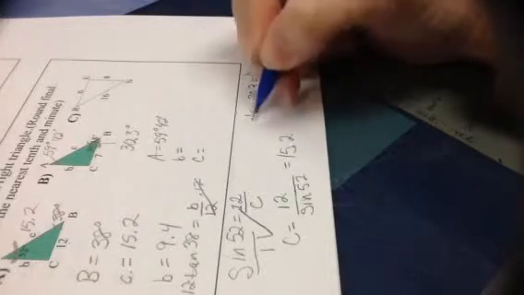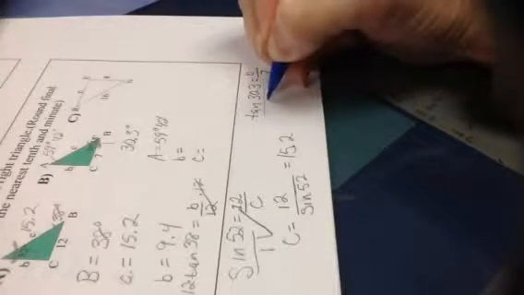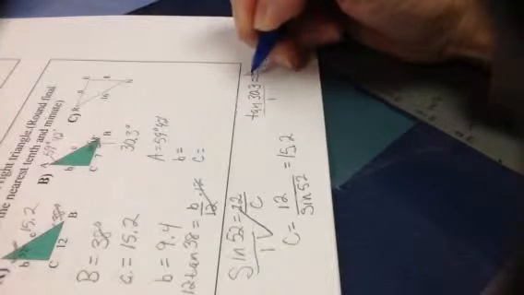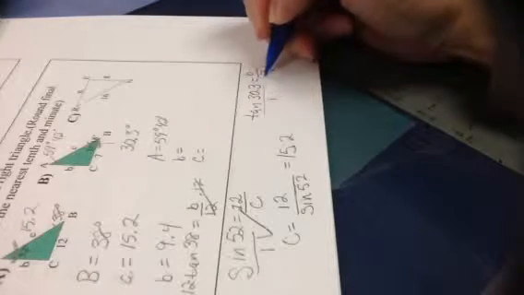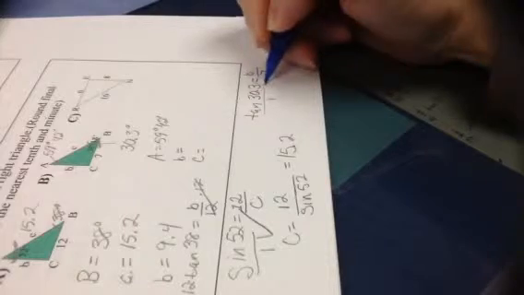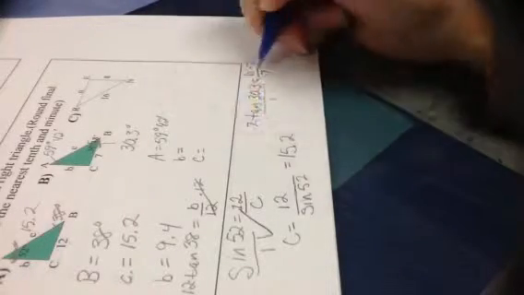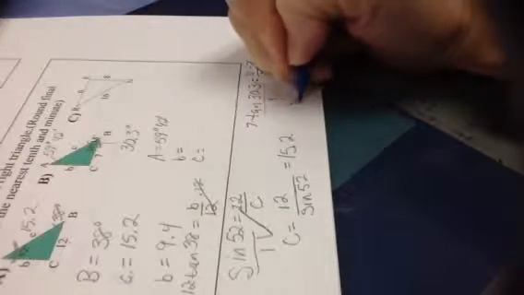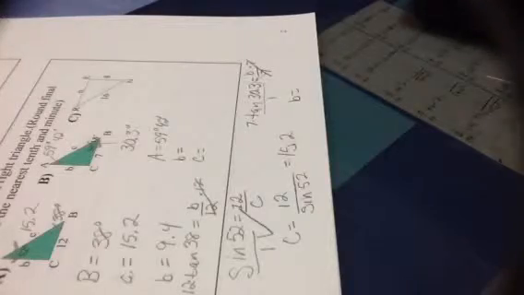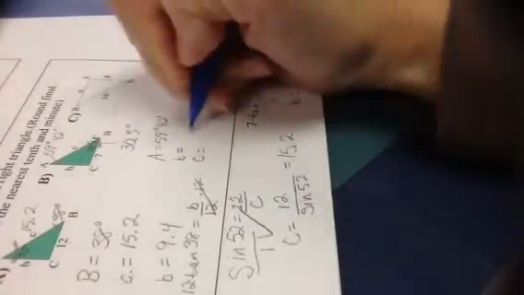Now, once again, I could multiply both sides by 7, or I could think about the check mark and do times and divide, but it's still going to be the same thing. So I'm times by 7. Okay, so B equals 7 times the tangent of 30.3. And I get 4.09, and that was B.